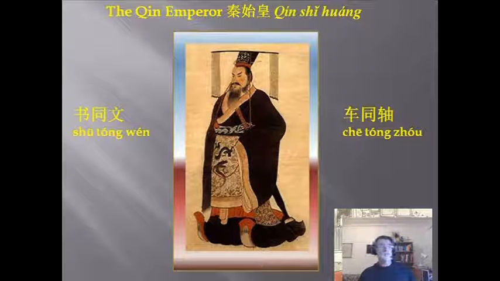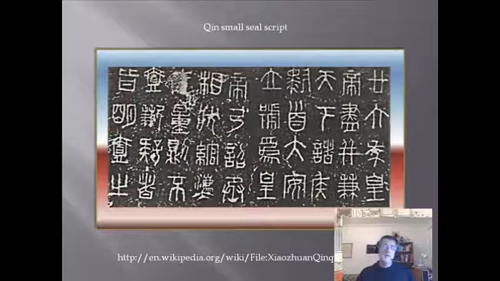All right. So in this next slide, you'll actually see an example of what's called the Qin small seal script. So this is the kind of script that was used on imperial seals. And again, that's an interesting story, because even into the modern era in China, often when you're signing contracts or doing things at the bank, at least up until recent times, a signature was not enough. Not that long ago, banks would not accept signatures.